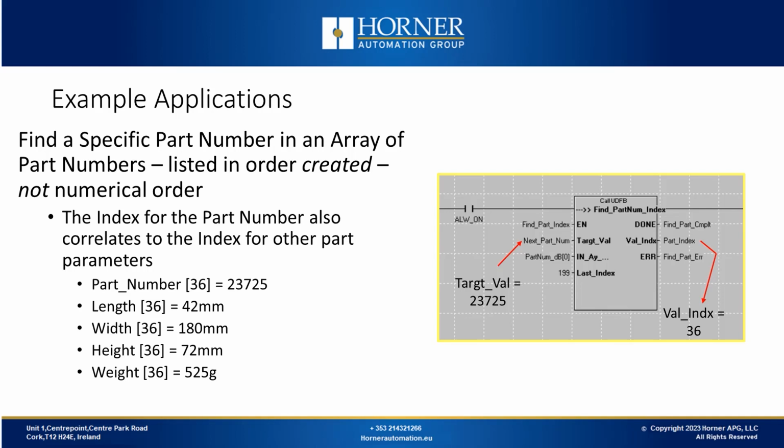Then, the function block would come back and say that the part number is located at index 36. So now you can find all the other information on the part that you need to operate your machine. Things like length, width, height, etc., because all those other arrays use the same indexes. So index of 36 will give you all the information you need for all those different part parameters. So that's one example where it can be useful.